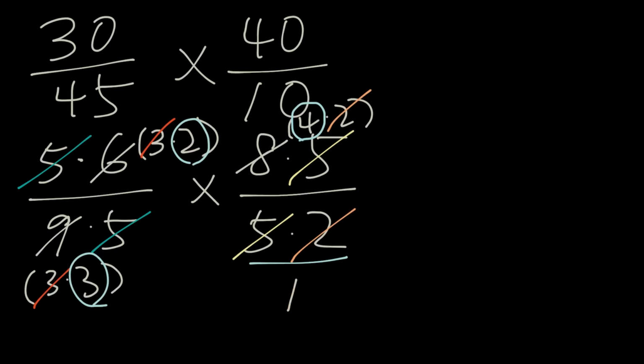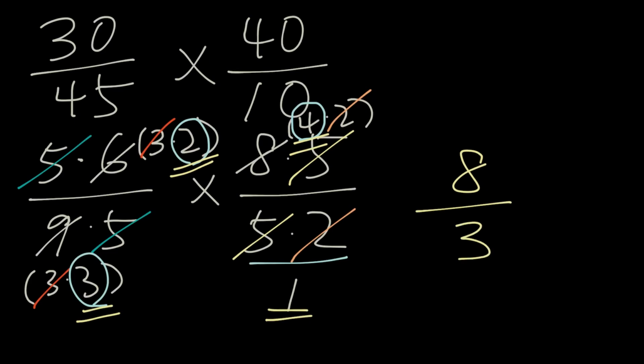Then we just need to multiply them together. 2 times 4 equals 8. 3 times 1 equals 3. And we can't simplify anymore after this, so our answer is 8 over 3.